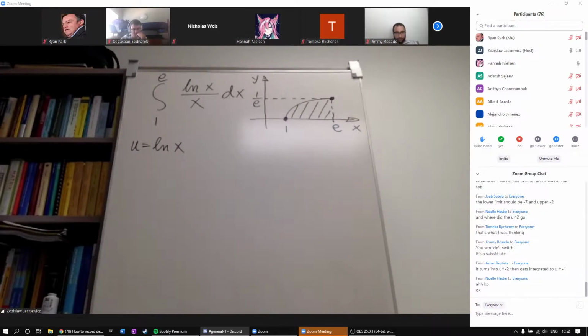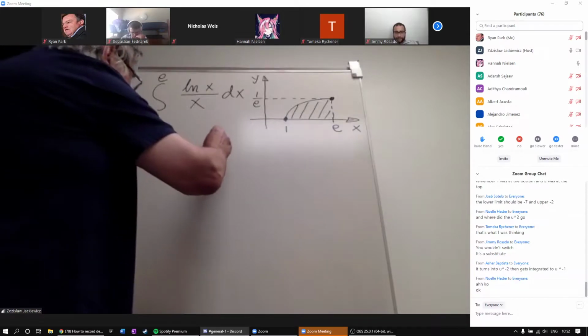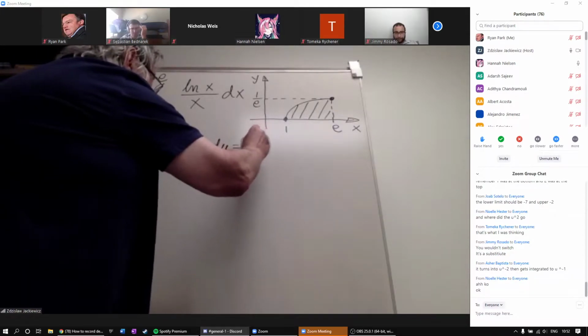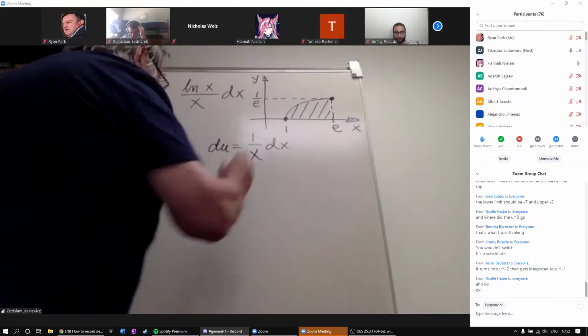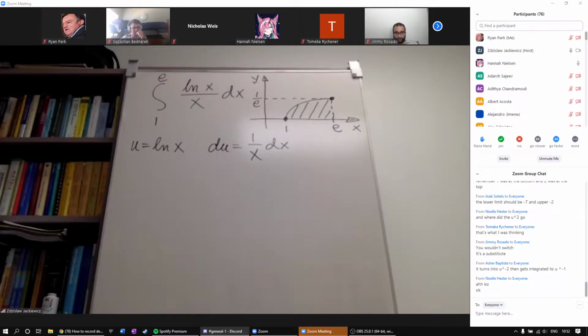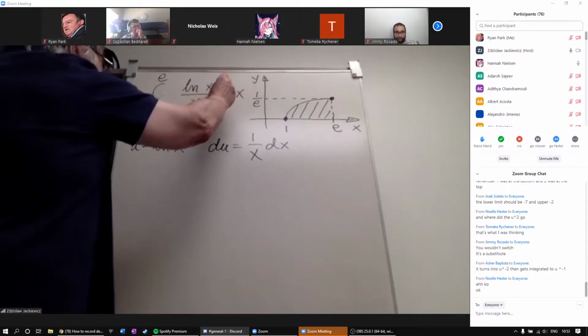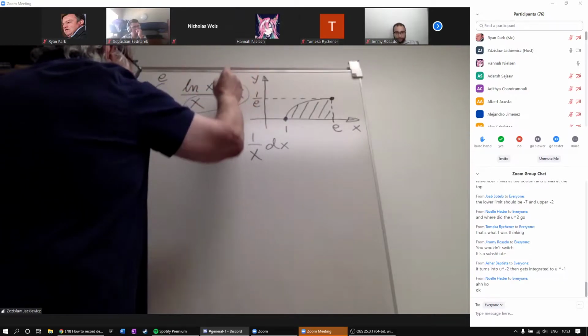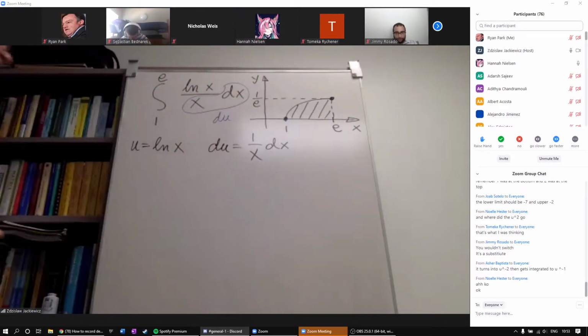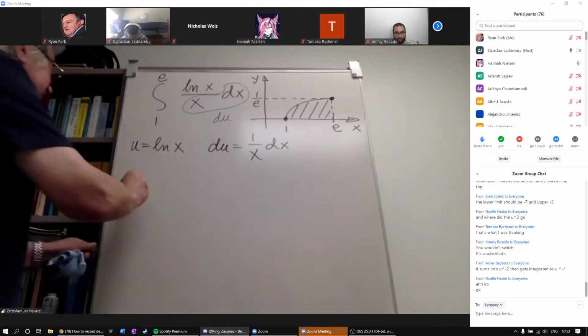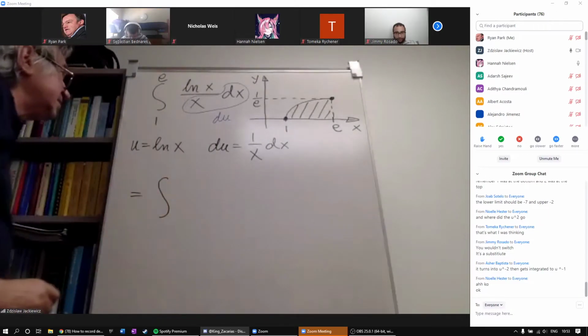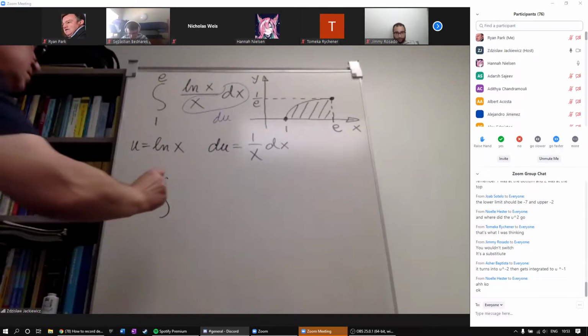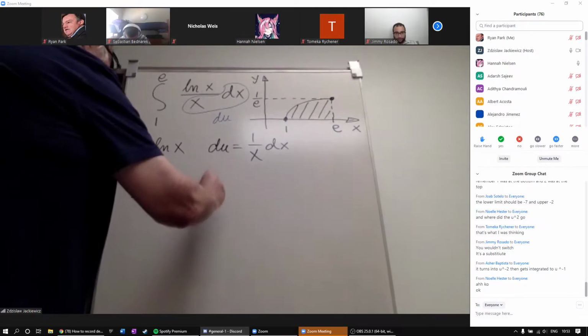If u is equal ln of x, du is 1 over x dx, and you see that this is du. So the integral becomes the integral of u du.